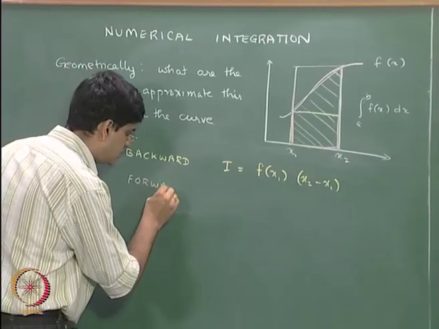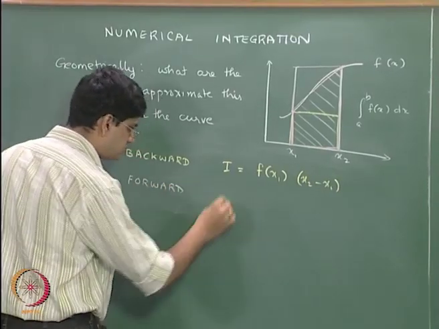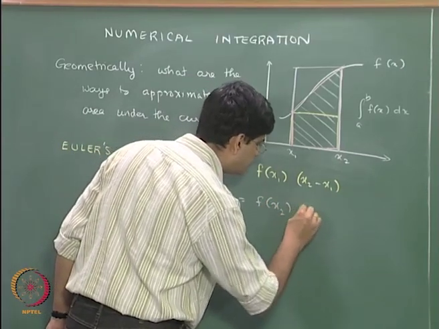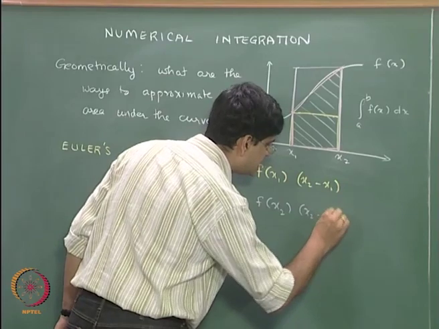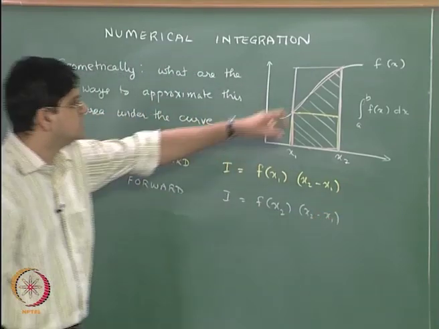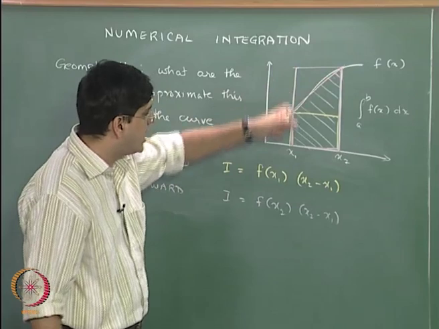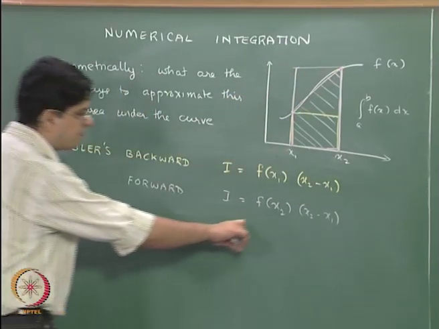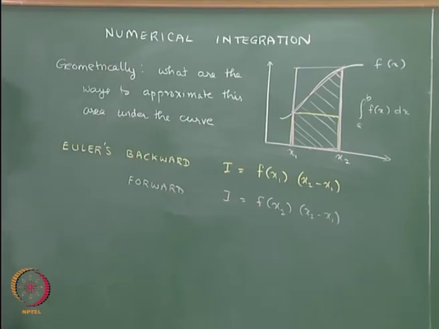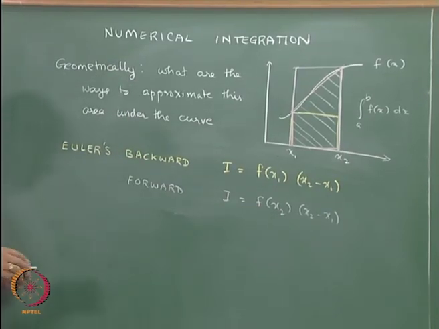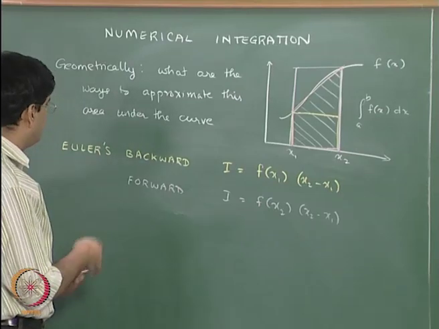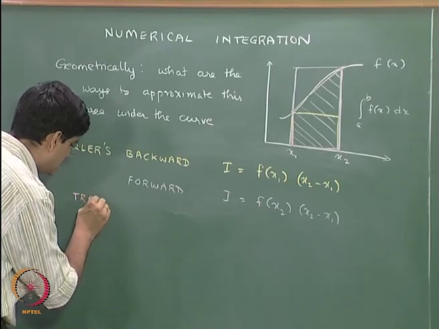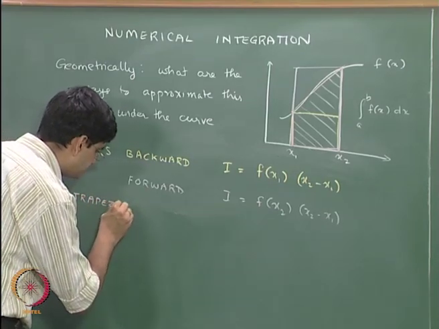The Euler's forward method is going to be I equal to f of x2 multiplied by x2 minus x1. Okay. So this is f of x2 and this particular area for this rectangle is f of x2 multiplied by x2 minus x1. Okay. That is the Euler's forward method. And the third method that we talked about is called the trapezoidal rule.